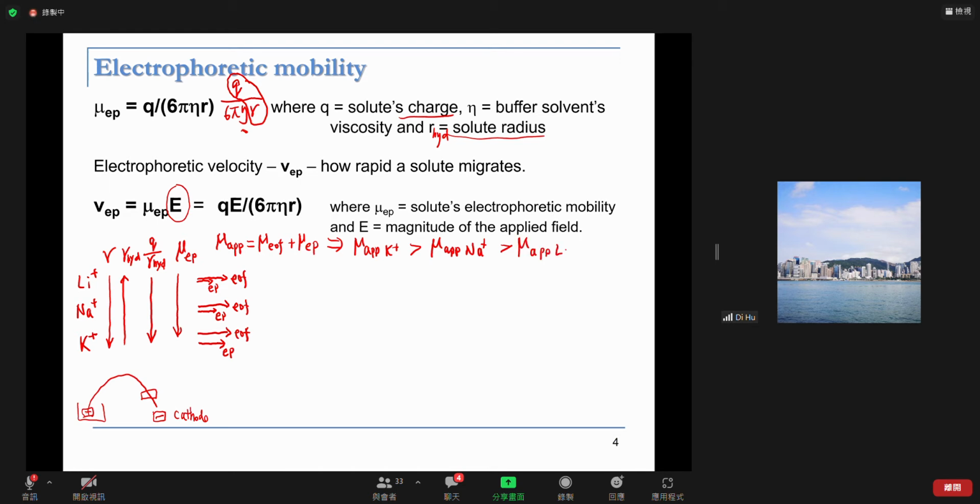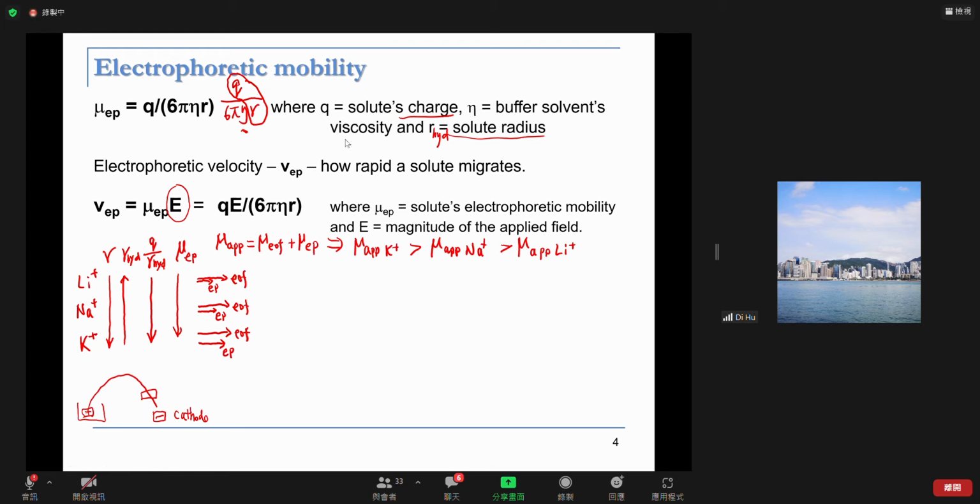So lithium, right? So now can you tell me, which one will come out first, of these three ions? Because everyone should go to the cathode. Now, which one has the largest mobility? Potassium, right?